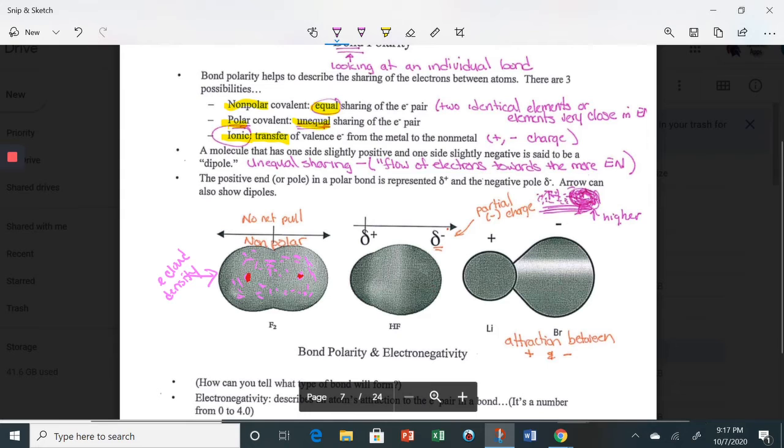So the electron's buzzing, moving around all over the place. And over time, when you look at it, you have what's called an even distribution between the two nuclei. There's no pull in either direction because the nuclei have the same amount of protons in them.